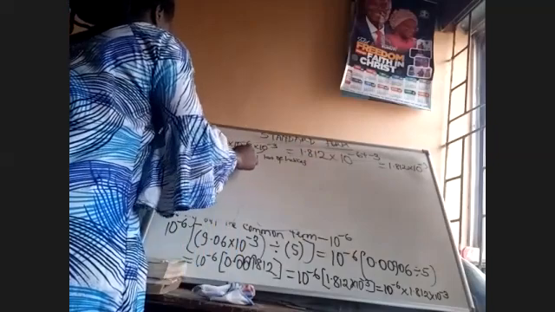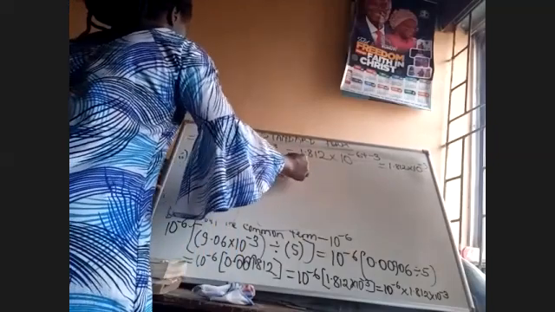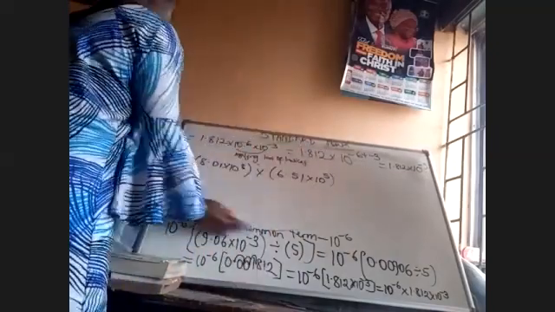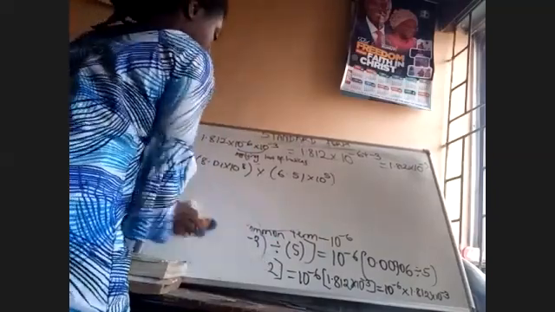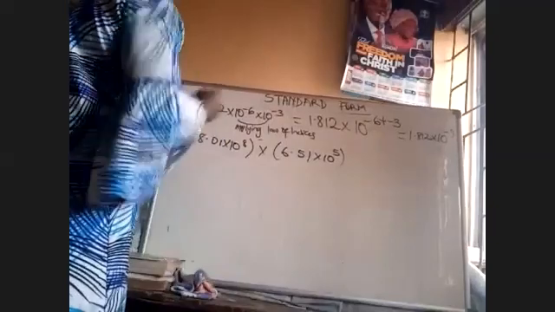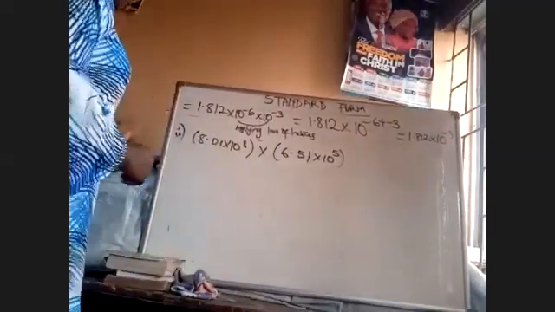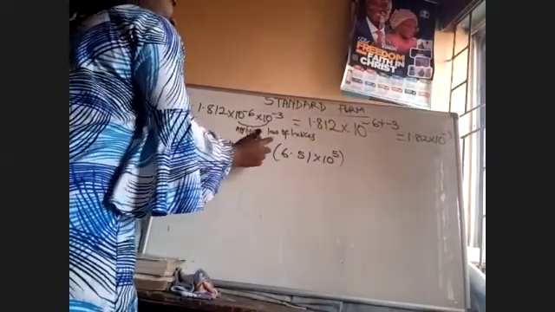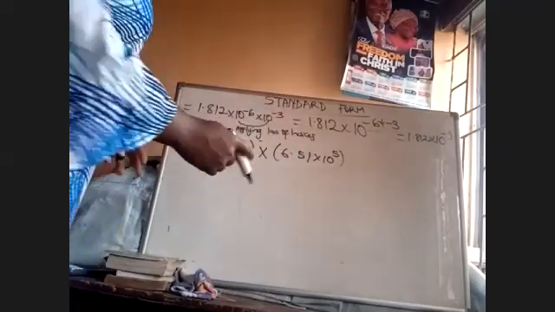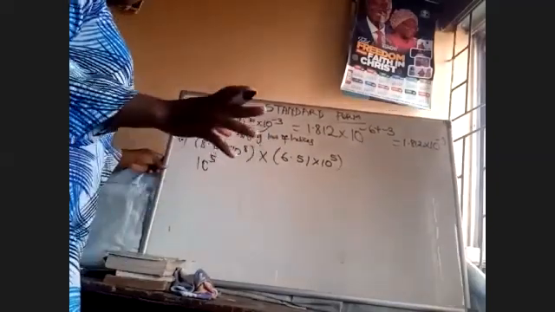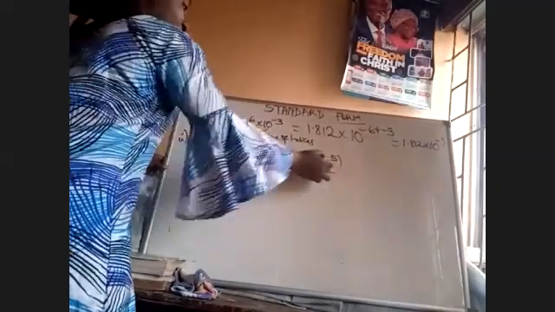8.01 times 10 raised to power 8 times 6.51 times 10 raised to power 5. So solving the second question, bringing out the common value, we have 10 raised to power 5 common to both terms, the first and the second term.